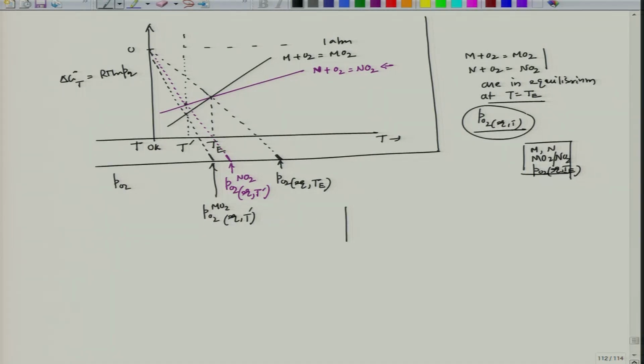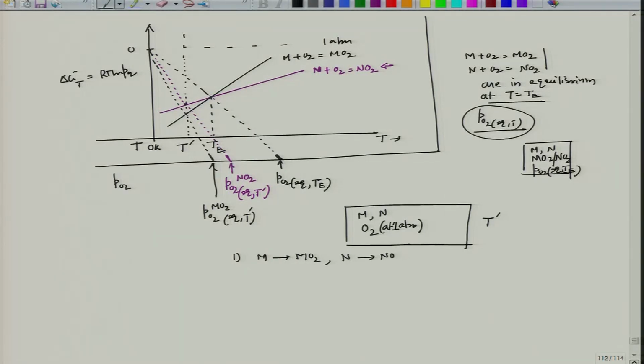Now, if I have a system where I have M, N and O2 at 1 atmosphere pressure, this is kept at T prime. So, then of course, I could see that the first event that will be observed is M will go to MO2 as well as N will go to NO2, since these partial pressures are lower than the 1 atmosphere partial pressure, as per the scale.